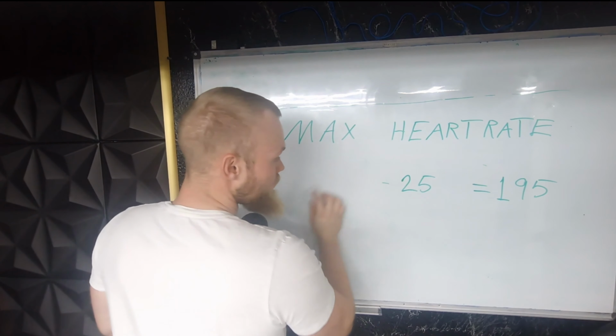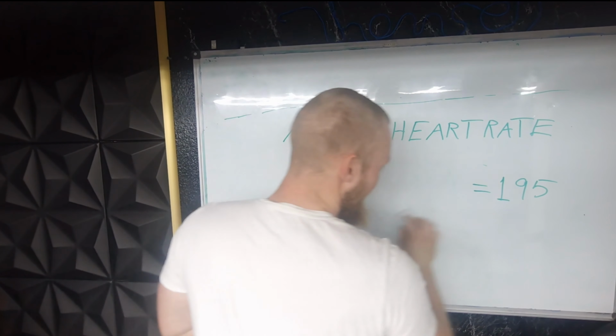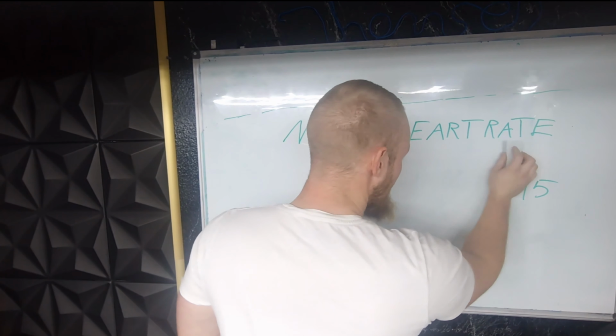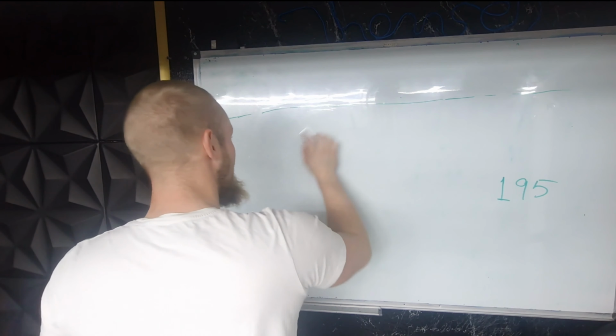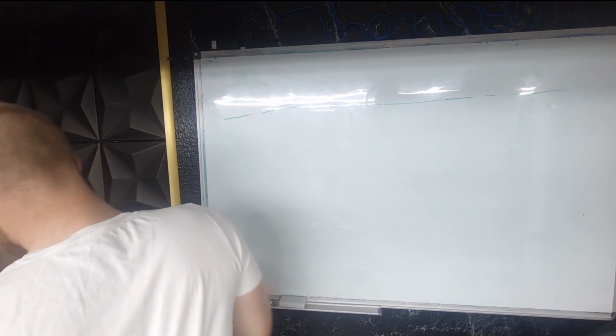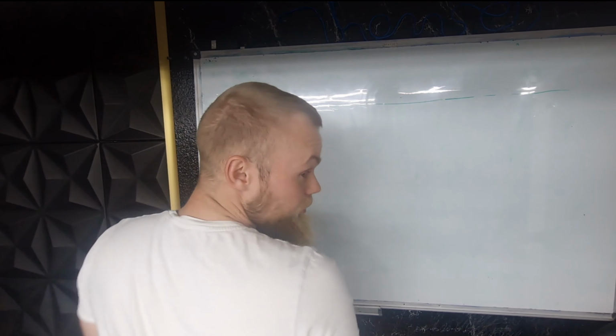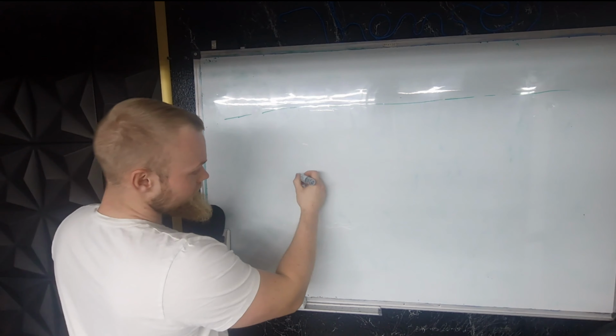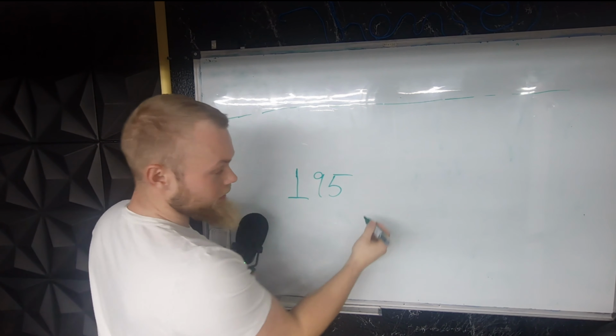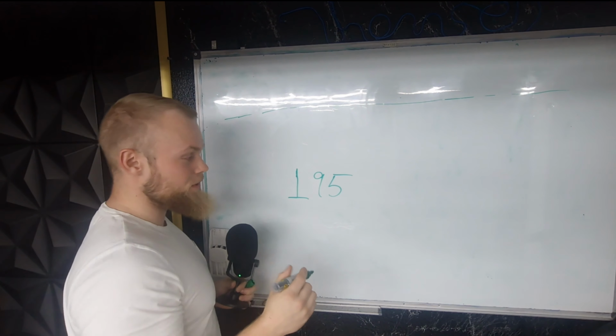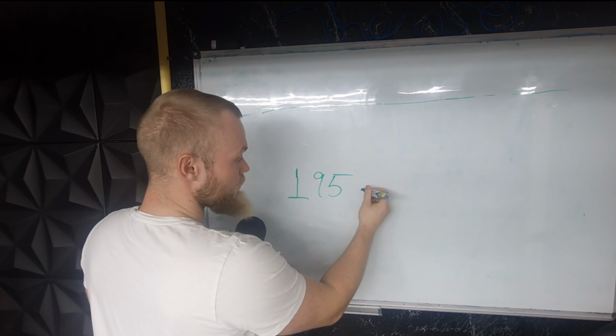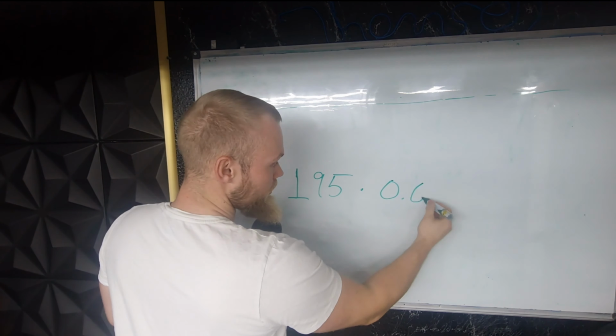Then to find your optimal heart rate zone for burning fat, you take your maximum heart rate, in my case the 195, and then you multiply it. So bring out your calculator. You take 195, and to find 60% of 195, you have to multiply it by 0.6.